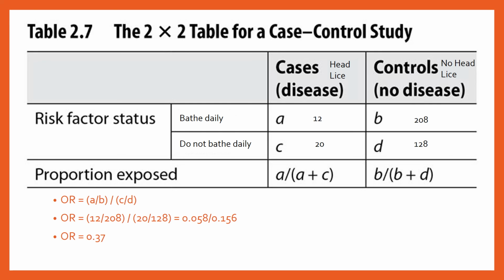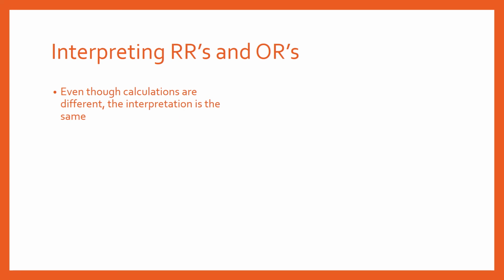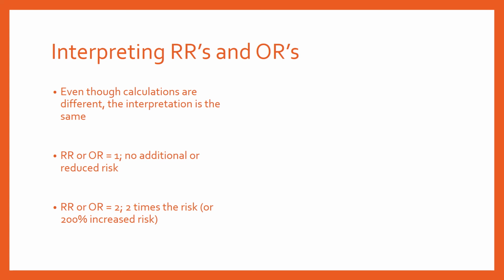That means that daily bathing reduces the odds of head lice by 1 minus 0.37, or 63% reduced risk. So again, even though the calculation for relative risk and odds ratio is a little bit different, the interpretation is identical. A relative risk or an odds of 1 means no added or reduced risk.